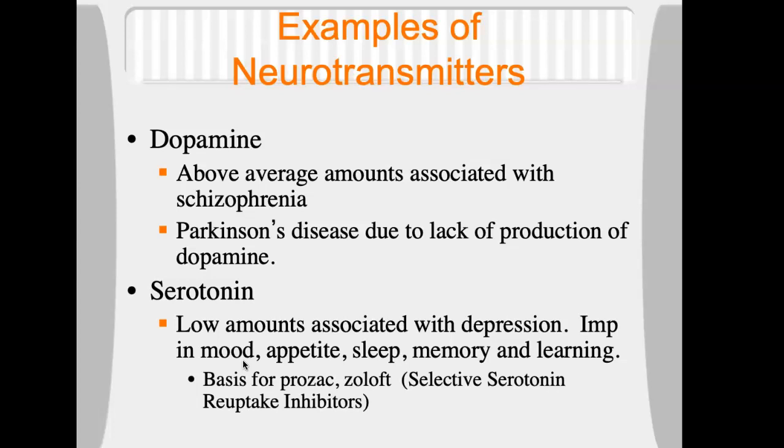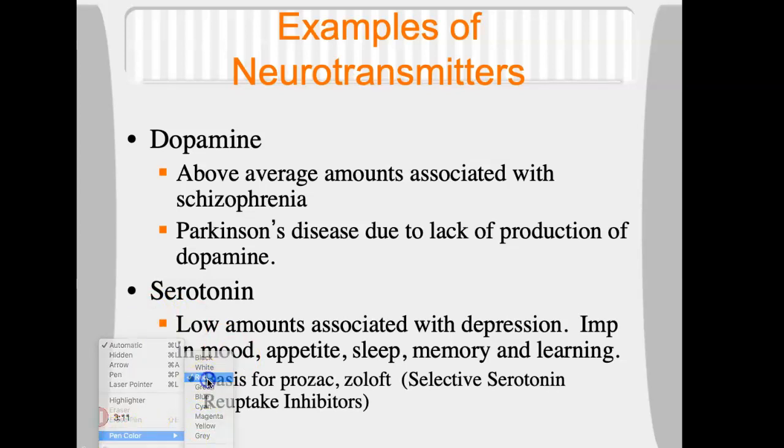So you need to have exactly the right amount, because if you have too little dopamine, then the symptoms are of Parkinson's disease. This has all sorts of motor dysfunctions that come from the lack of this one particular neurotransmitter.